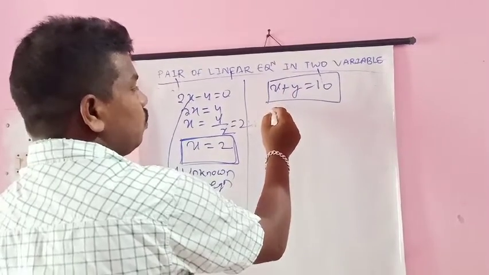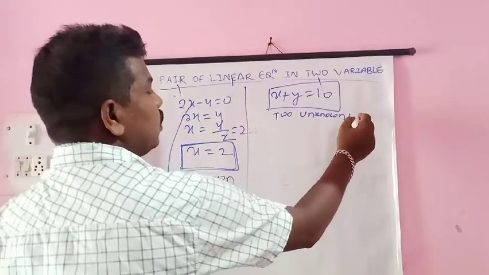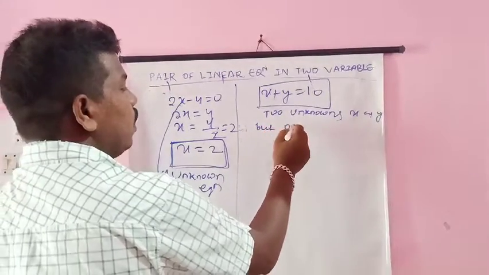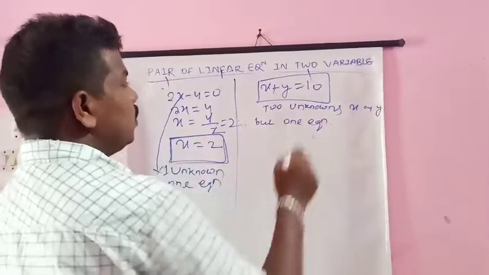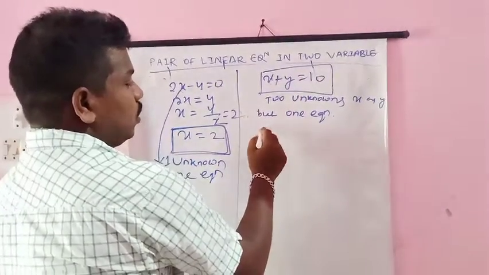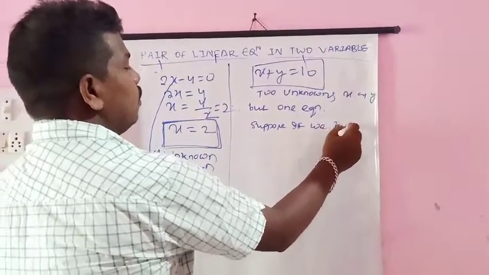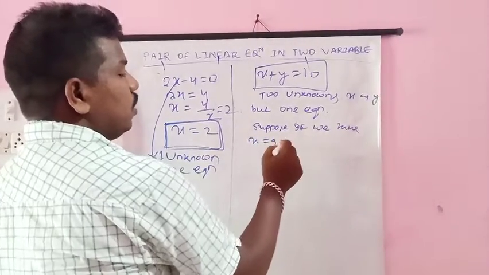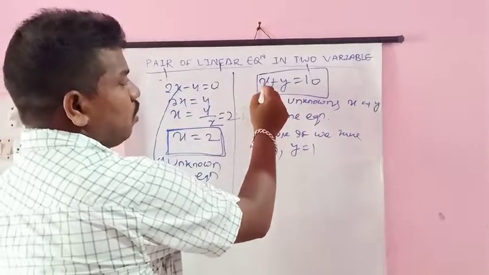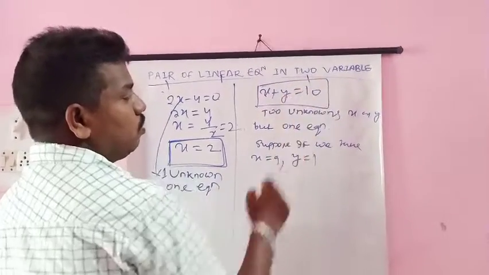So this equation contains two unknowns but one equation, and if we solve it we get different solutions. Suppose we take x equal to 9, then automatically y equal to 1, since x plus y equal to 10.